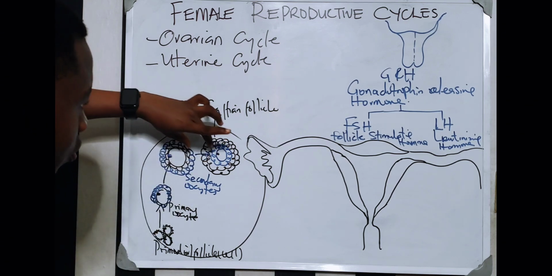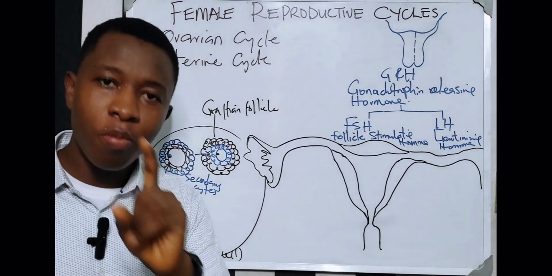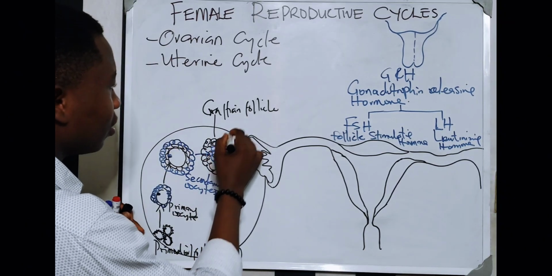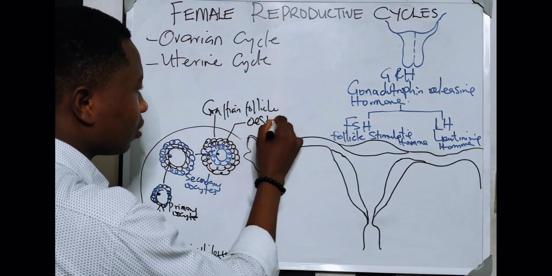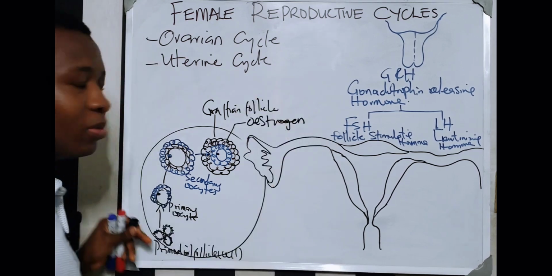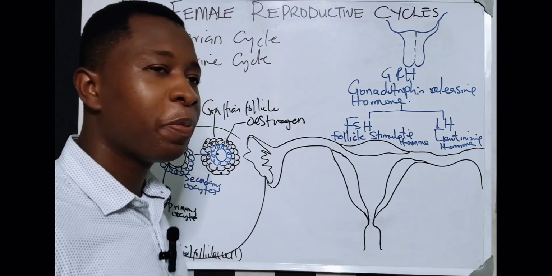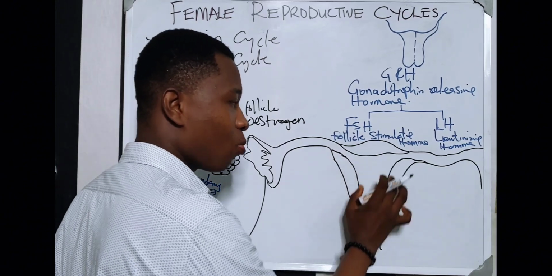Okay, now these follicles also produce a hormone. That hormone is known as the estrogen. Now, what is the function of the estrogen? The estrogen helps to prepare the lining of the uterine wall.